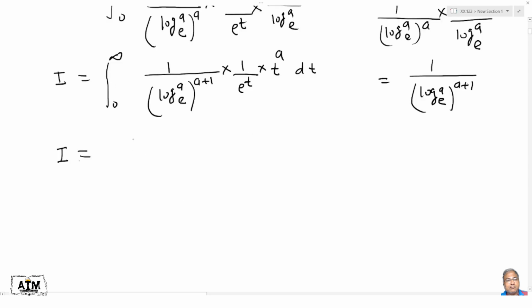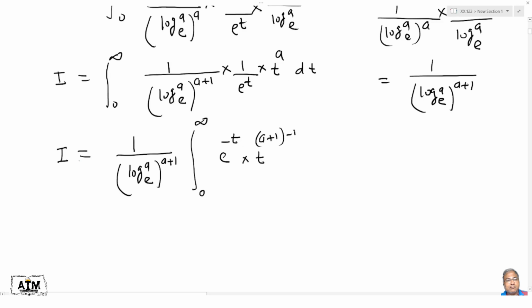I equals 1 upon (log a to the base e) whole raised to a plus 1 taken out of integration. Now 0 to infinity 1 upon e raised to t can be written as e raised to minus t multiplied by t raised to a, which can be written as a plus 1 minus 1, dt.